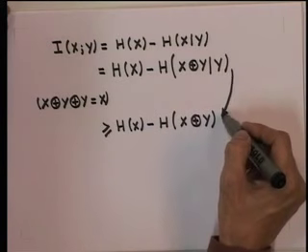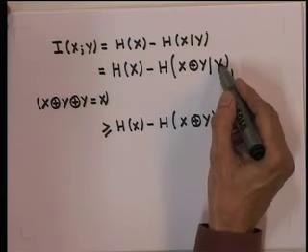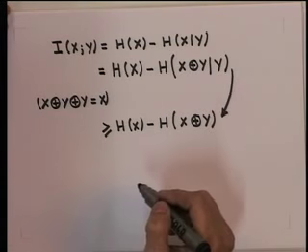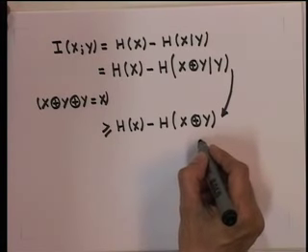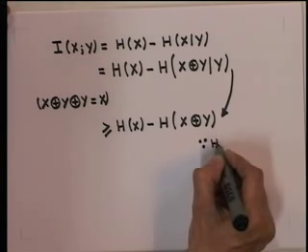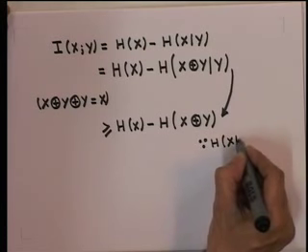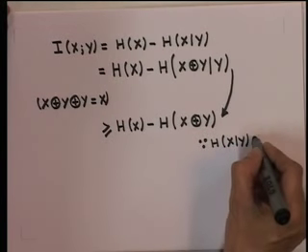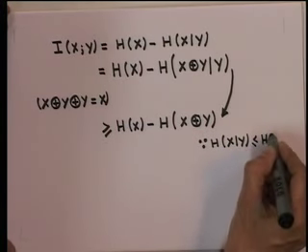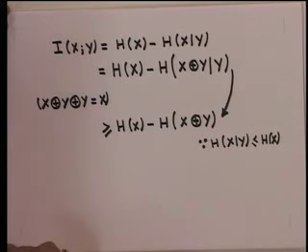From this step to this step, we use the fact that conditioning always reduces the entropy, that is because H of x given y is always less than or equal to H of x.